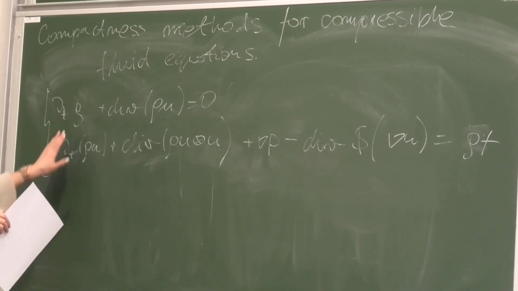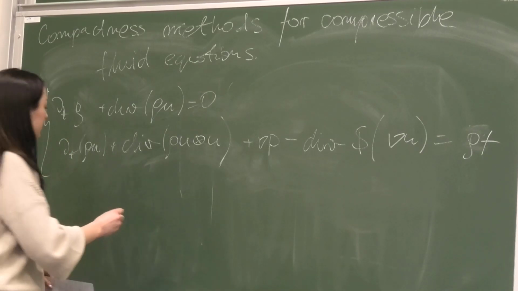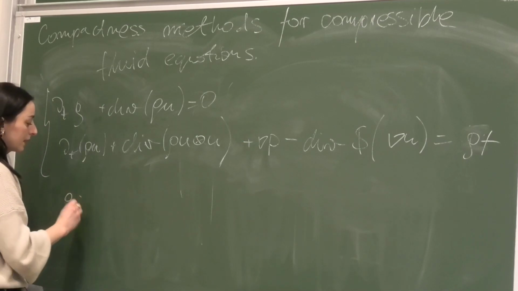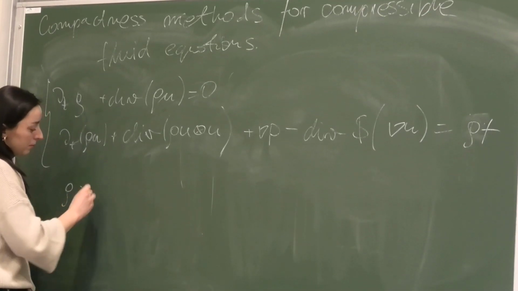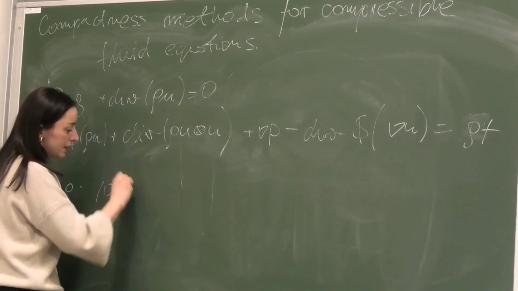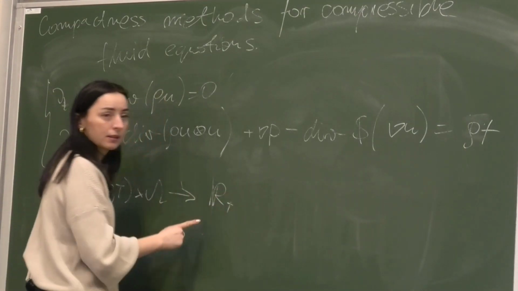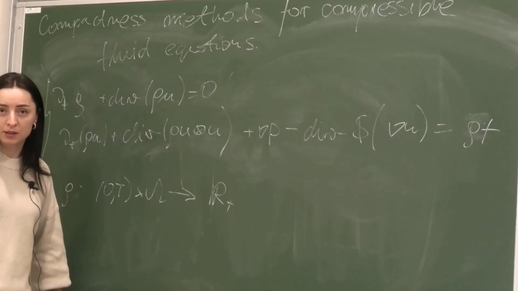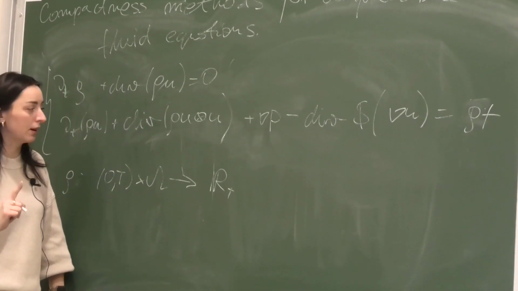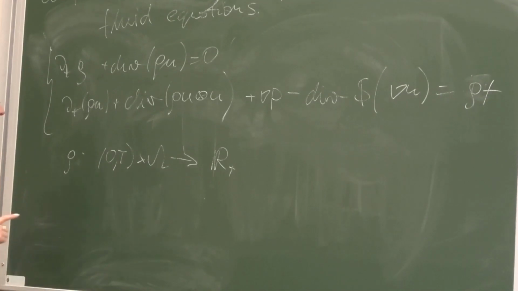So now rho is a scalar, right? Rho is unknown. It is a scalar from our time-space domain, taking values in R plus, where R plus denotes for me 0 included, so we can't avoid vacuum, and that's important.